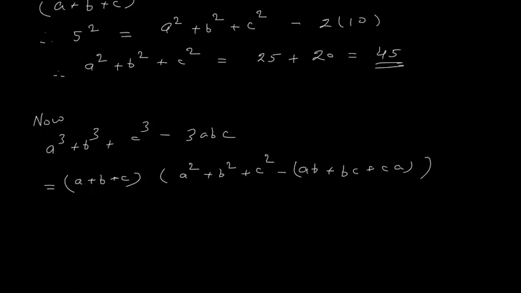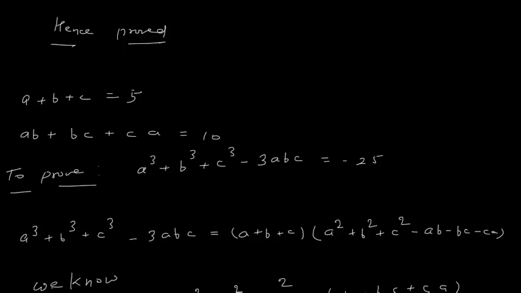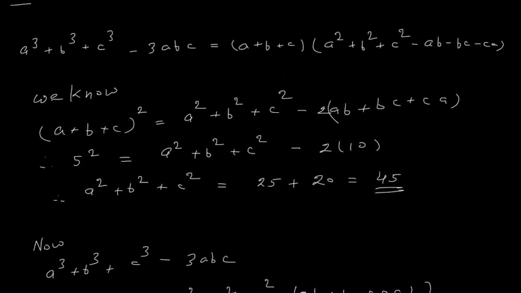So a plus b plus c is 5, and in the other bracket a square plus b square plus c square is 45 minus 10. So this is 5 into 35. We have to prove that this is equal to minus 25, but here we are not getting minus 25. That means we are doing something wrong.